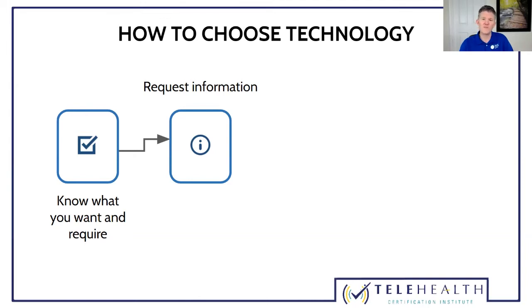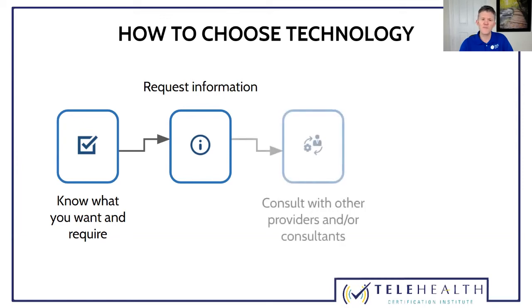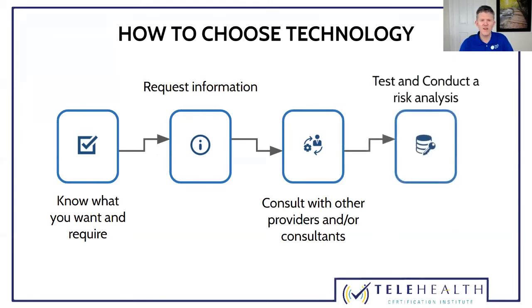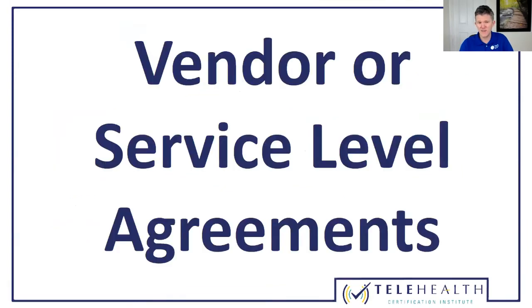How do they respond to tickets? And then you want to consult with people who've been there, done that, and are familiar with these things and know what to look for. I'd highly recommend that. And then you want to conduct your risk analysis of using that technology, and test it out very well before you implement it. So these are the basic steps to this.